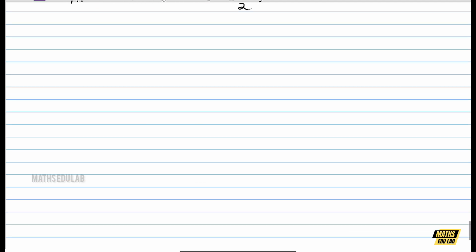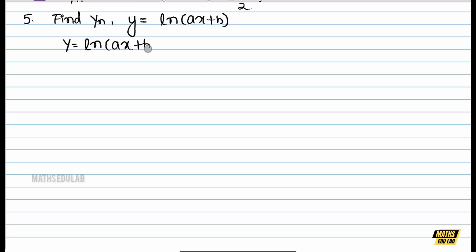Now the next one, the fifth one. The function is given, and we have to find y nth, that means the nth order derivative of the given function y is equals to ln(ax + b). Now we will follow the rule. First we have to write the function, then we have to do the derivative for this.